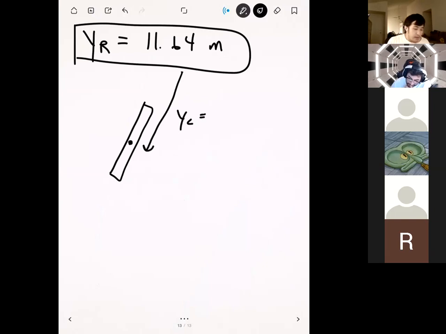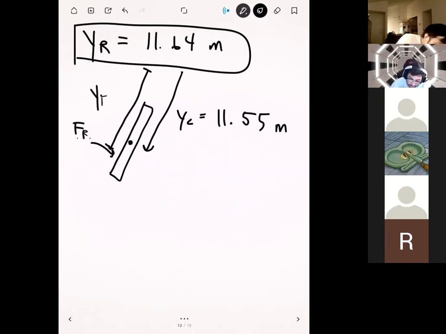Okay. And so we just computed the Y coordinate of the centroid. And so the distance from the surface of the water to that centroid along the same plane of the surface, that's going to be 11.55. But the location of the centroid of the pressure force itself, that's going to be given by YR, right?